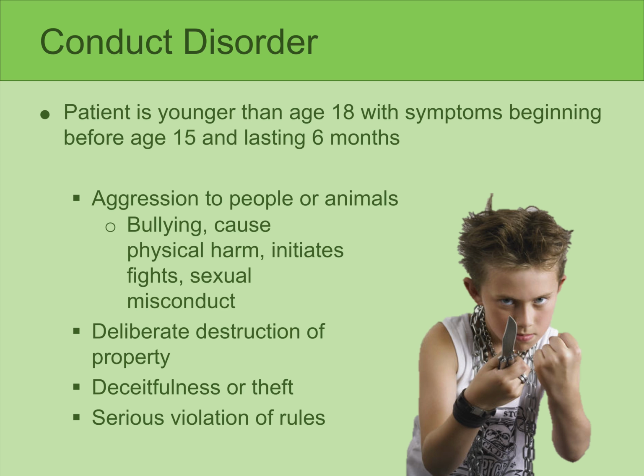So you have to have these symptoms before the age of 15, and you can't be diagnosed with this after the age of 18. So we see some of the similar behaviors, just in a different developmental level than we would with antisocial personality disorder.